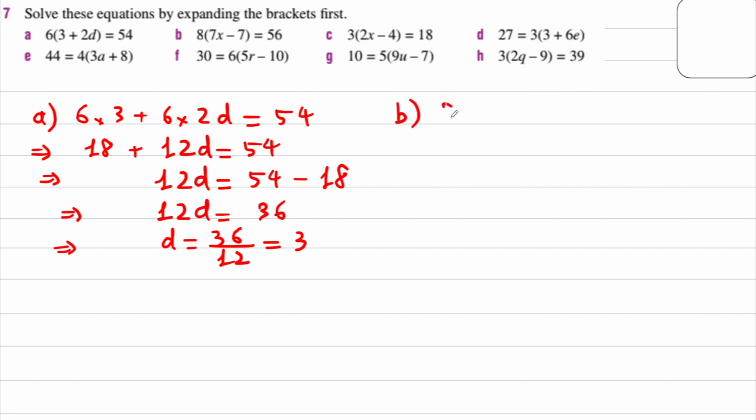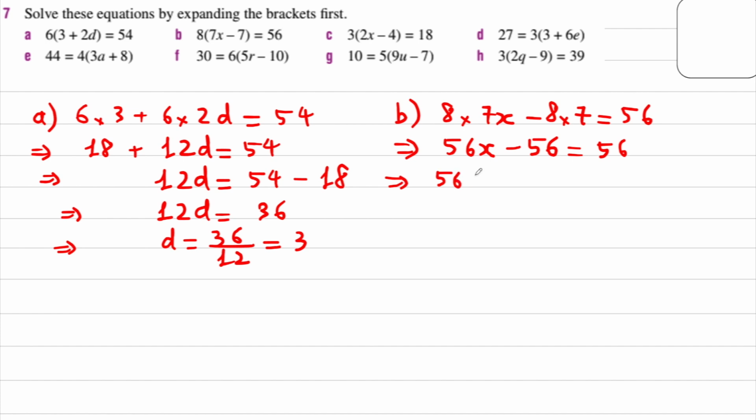Question B. 8 multiply 7h minus 8 times 7. 56 here. And this is 56h and minus 56 equal to 56. A lot of 56 for one question.